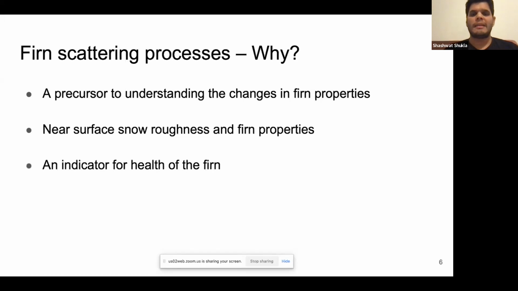Also, this can be used as one of the indicators for determining the health of the firn. For instance, observing the difference in the scattering behavior of a firn layer containing sufficient air with a depleted firn layer can help us determine which part of the firn is healthy or unhealthy. Firn scattering processes sound a bit complicated to extract, but let's see how we will do that.